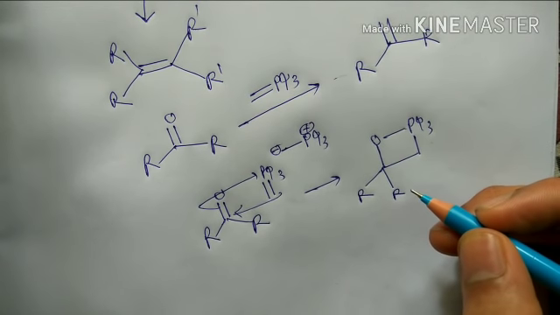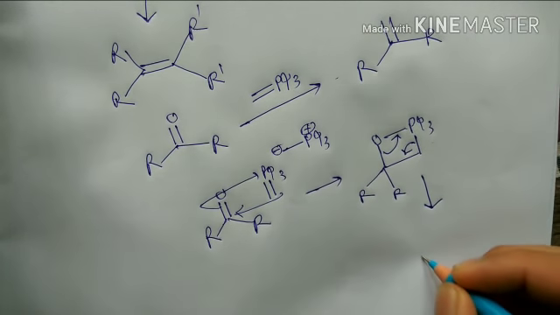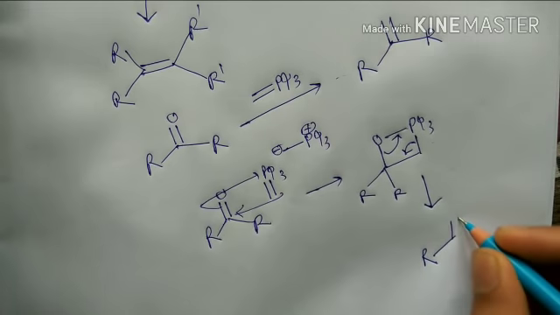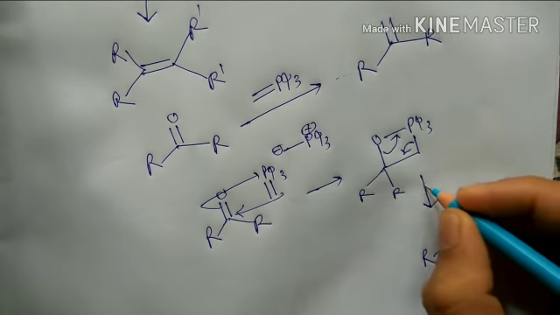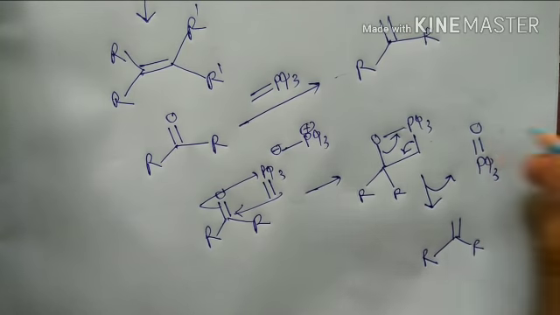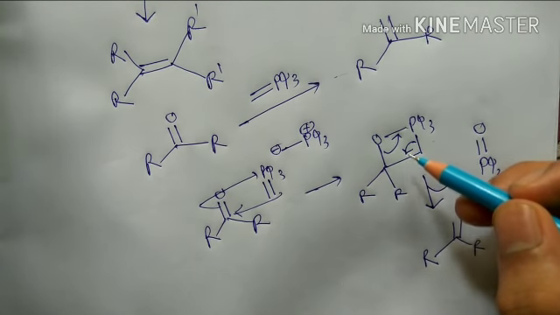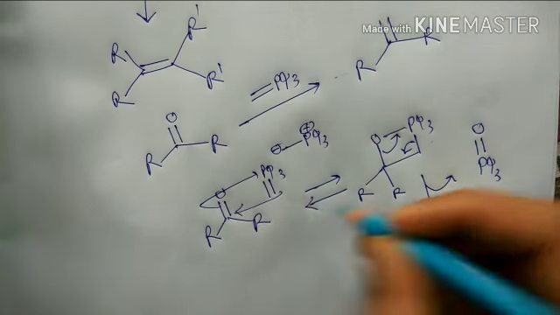This is called oxaphosphetane, and now this can break in a retro 2+2 cycloaddition like this, and out of that you will get this alkene, and as a byproduct you will get triphenylphosphine oxide. Now why is this retro 2+2 cycloaddition occurring in this particular way and not the reverse way like this?